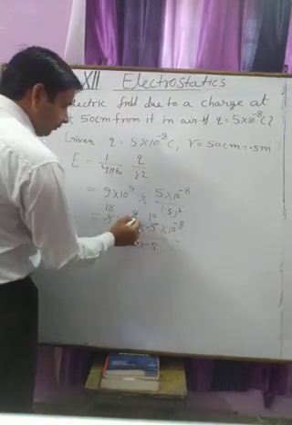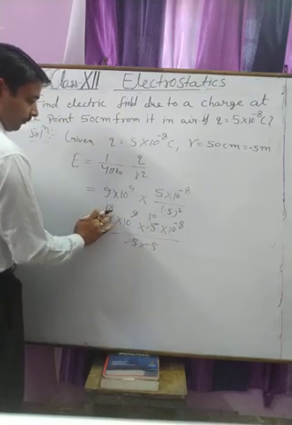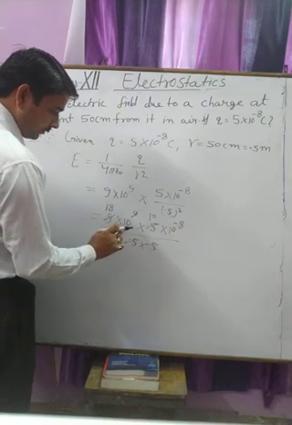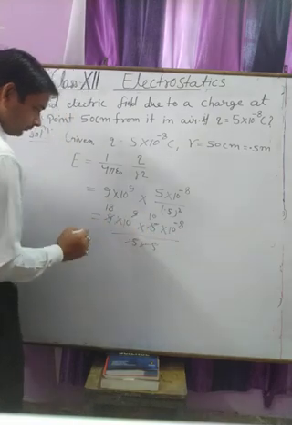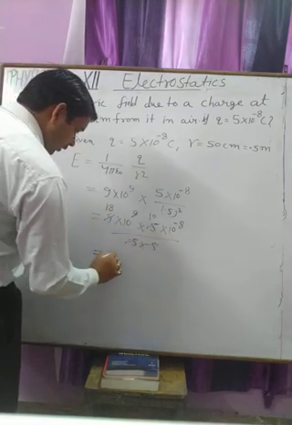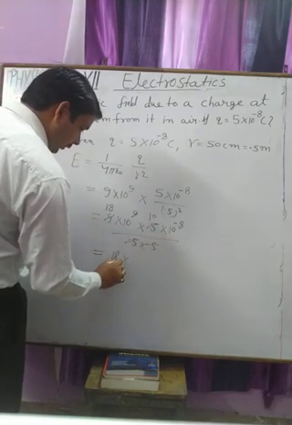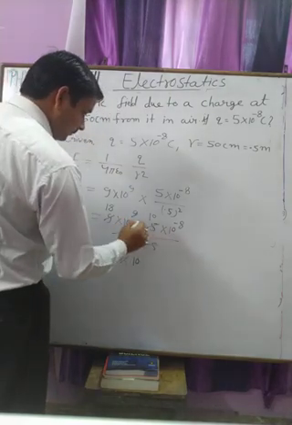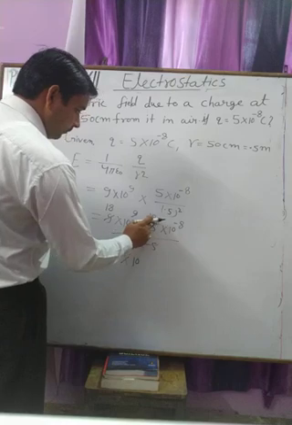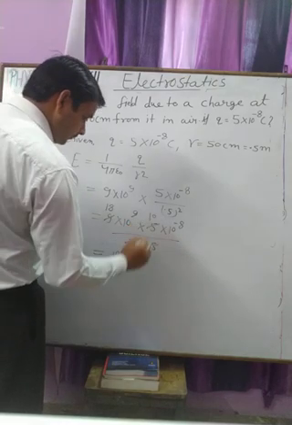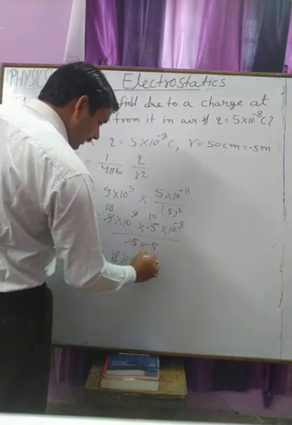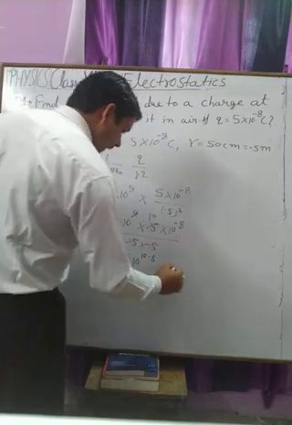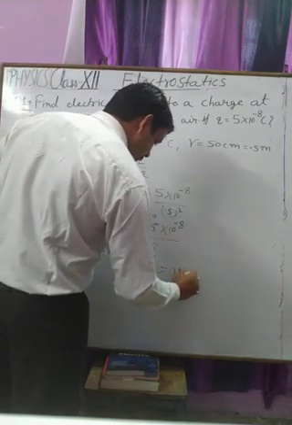Okay, now this 9 into 9. Now we are solving this, 18 into 10 to the power 10 minus 8, or 18 into 100.